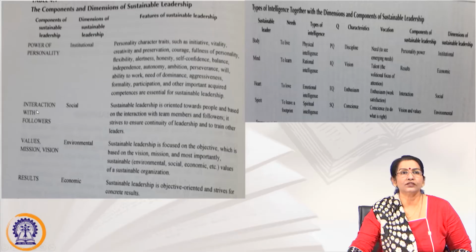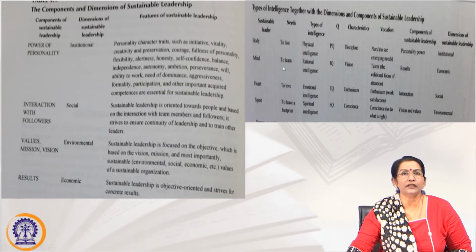The social is his interaction with his followers, colleagues, employees and co-workers. The environmental is the organization's environment, values, mission, vision and goals. And the economic is the results, the outcome of the whole activity. These are the components and dimensions.